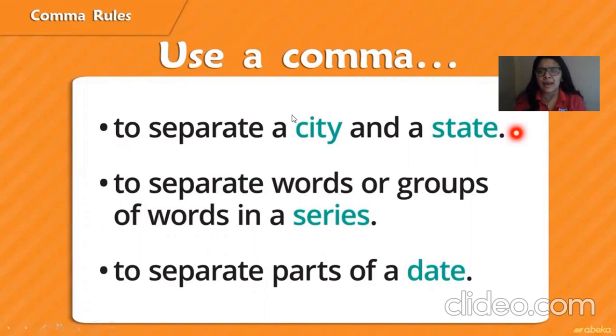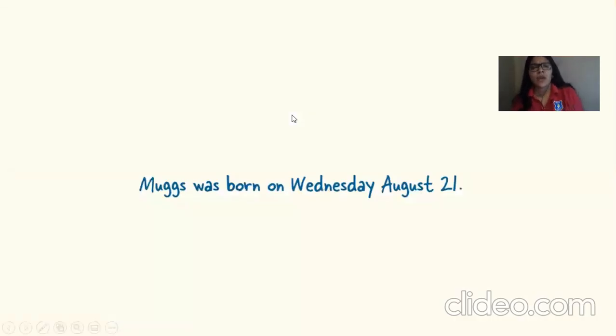So what does that mean? I have some examples. Here I have: Max was born on Wednesday, August 21st. In what place am I going to write a comma? In what place? After what? After Wednesday.